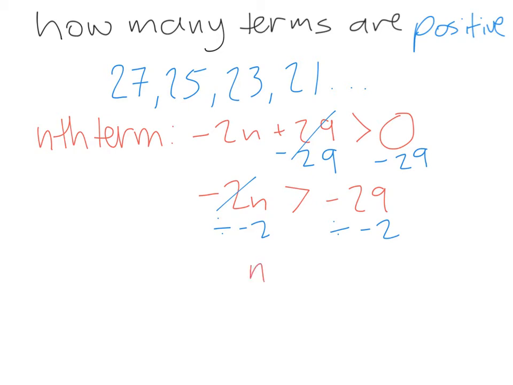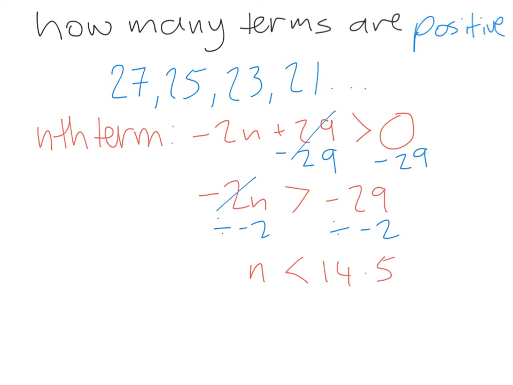So I'm left with n on the left hand side. The rule with inequalities is if you multiply or divide by a negative number, you flip the inequality sign the other way. So it changes direction. We've now got n as less than, and minus 29 divided by minus 2 is plus 14.5.